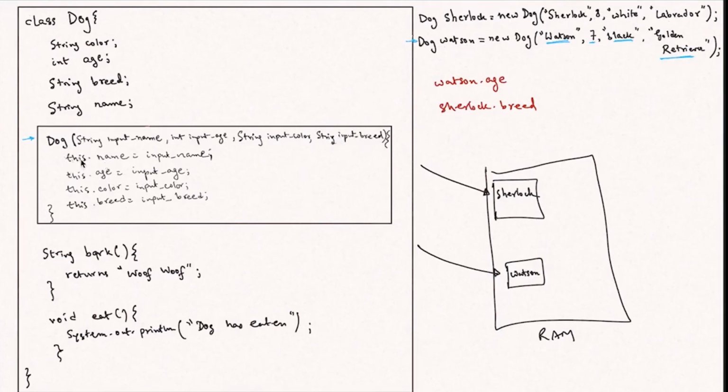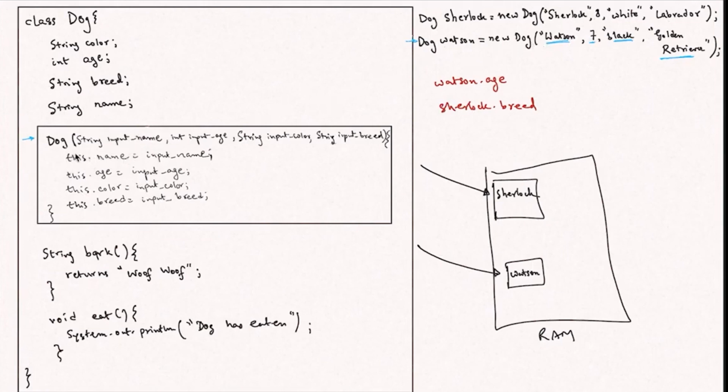And then this, because we're working with Watson, this means Watson, because this is basically referring to the current object. And the current object is Watson. And Watson is in this memory location, right? So the object in this memory location, who we call Watson, that object's name, so Watson's name becomes input name. And now the input name is Watson, right?